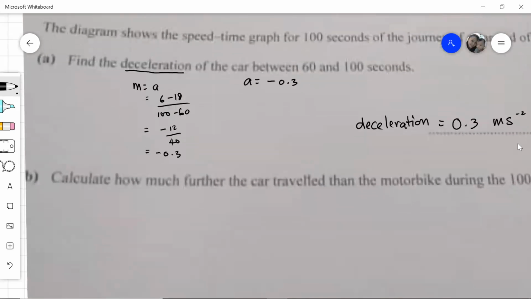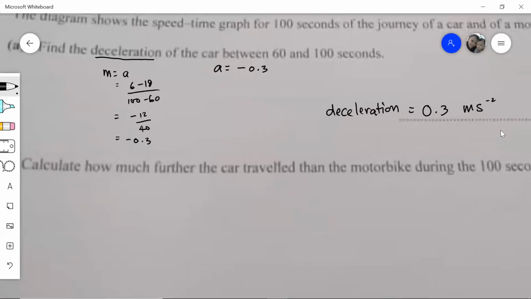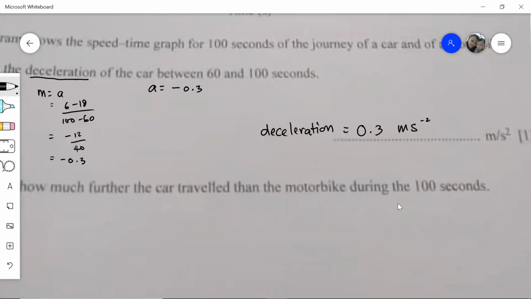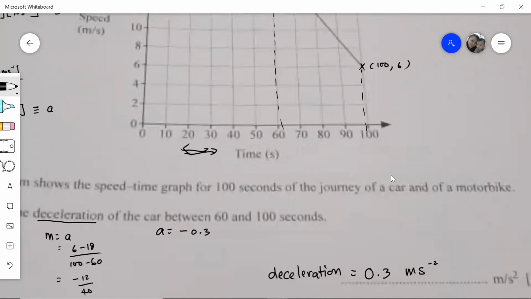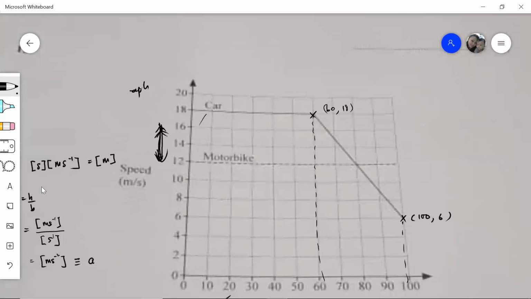All right, so part B: calculate how much further the car traveled than the motorbike during that 100 seconds. Over here, we have the motorbike that travels at a constant speed. So to find the distance of the motorbike, you just need to find the area under this graph.